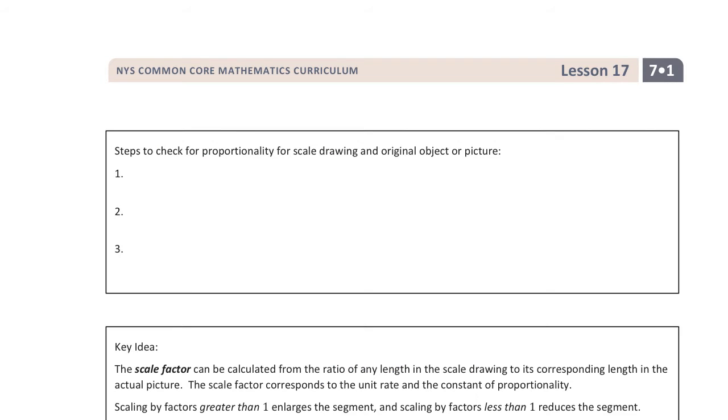Now we're going to review the steps to check for proportionality for a scale drawing and original object or picture. First, we're going to record the length of the scale drawing.